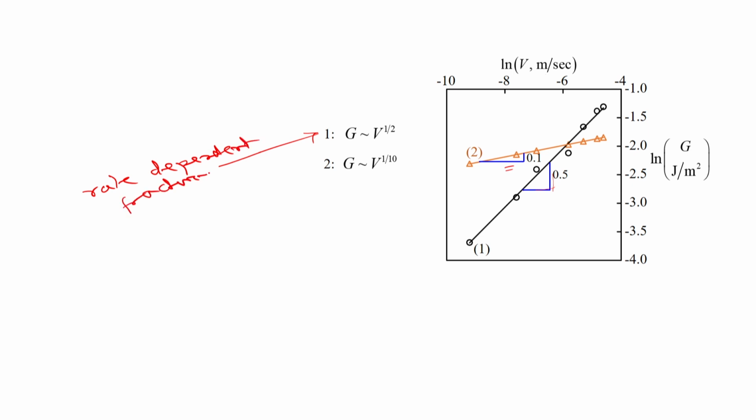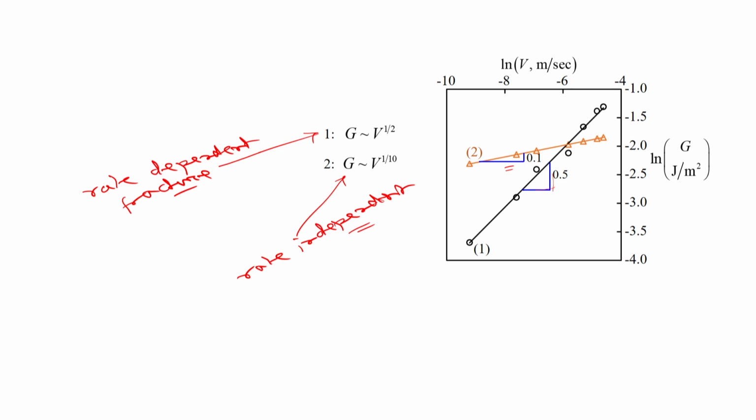On the other hand, G goes as V to the power 1 by 10, so here also rate dependency is much lower. So, almost rate independent fracture.